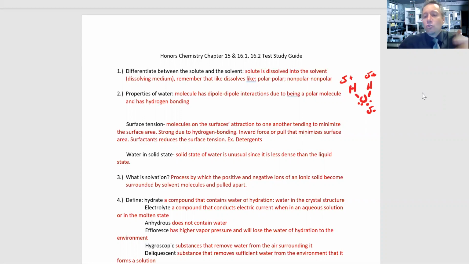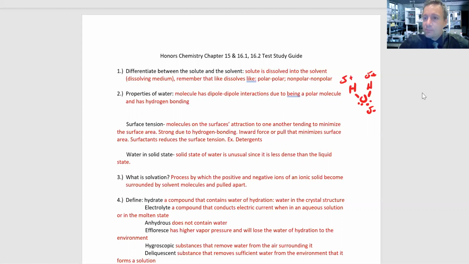Because of this, as you line up a bunch of water molecules, you have that dipole moment, and that has these attractions that hold onto one another. That's a dipole-dipole interaction. But water has a special dipole interaction called hydrogen bonding.